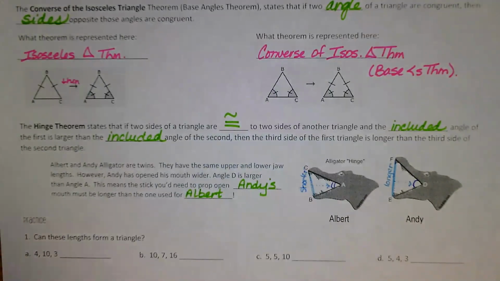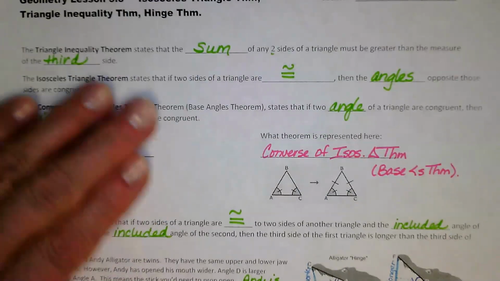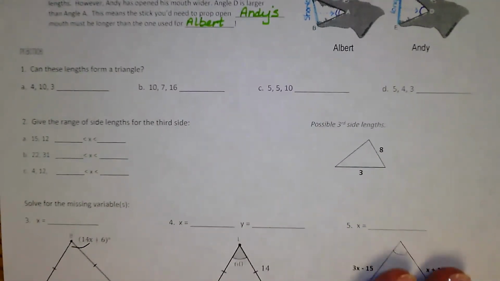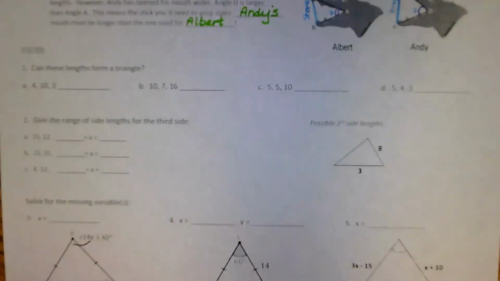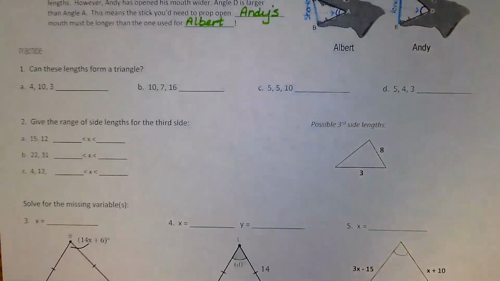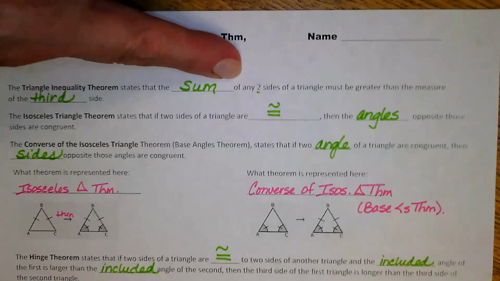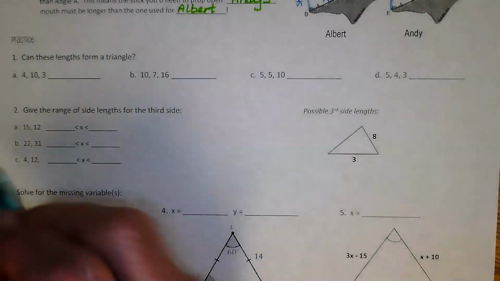All right, let's do a little practice. All of this is now going to be in picture form, which some of you need. You learn very well. Can these links form a triangle? Whoa, what happened to my focus? There we go. Well, at the top it says the sum of any two sides of a triangle must be greater than the third. 4 plus 10, that's 14.